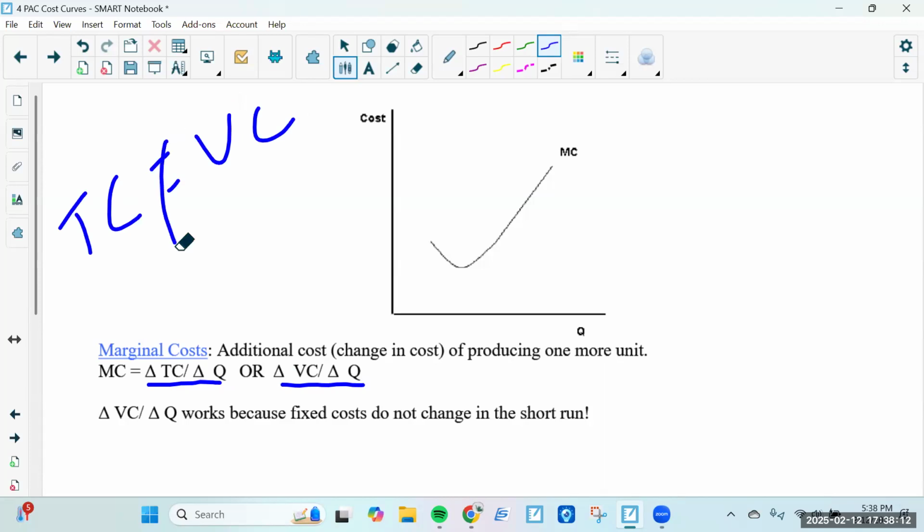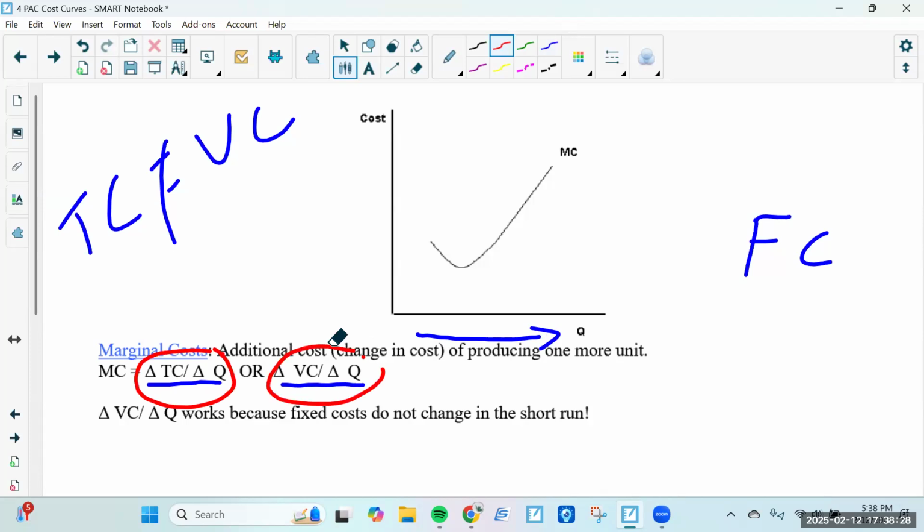What's the difference between total cost and variable cost? That's fixed cost, and fixed costs don't change. There is no change in fixed costs. As you go that way, your fixed costs stay the same. So if you do change in total cost over change in quantity or change in variable cost over change in quantity, you get the same answer because fixed costs don't change.